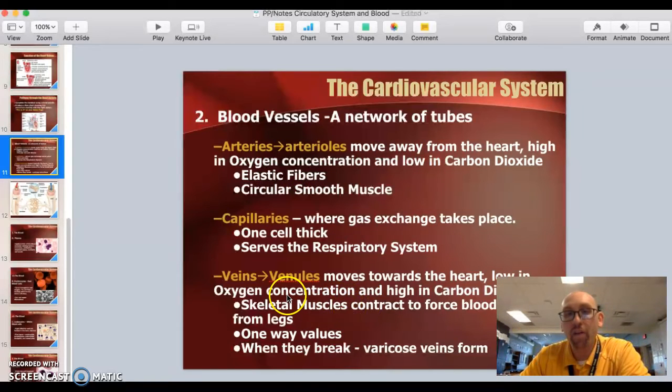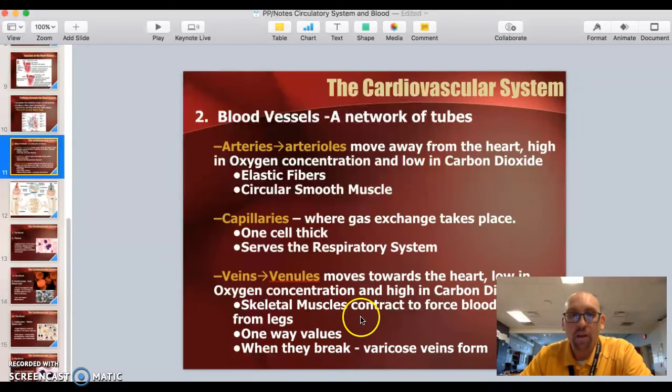And then the pulmonary vein would be the exception, but usually veins are going to bring blood back to the heart. The skeletal muscles that they run through, the contraction of your muscles when you move, help to squeeze the blood back up to your heart from your legs and other places. They also have valves in them that help keep the blood moving in one direction.